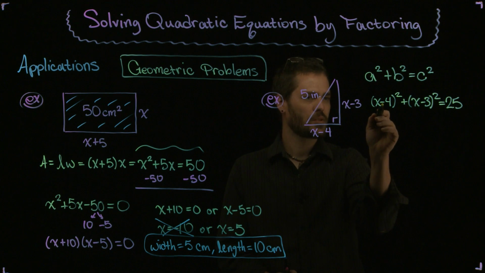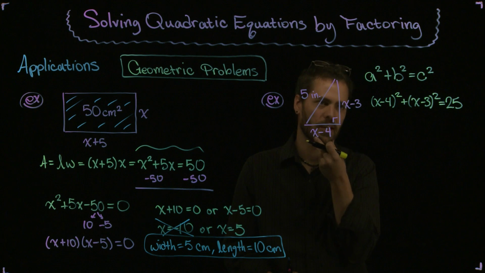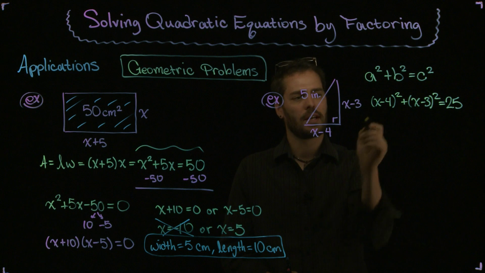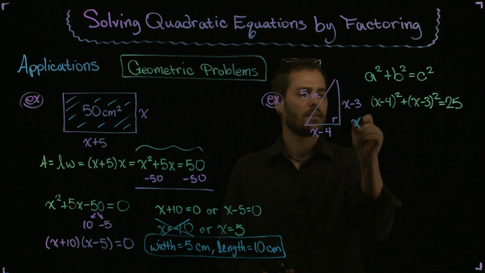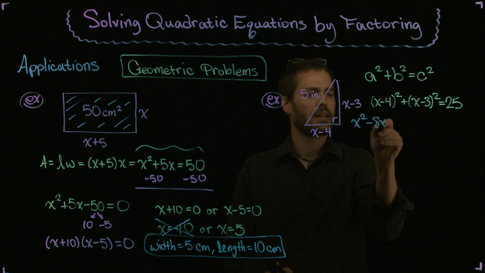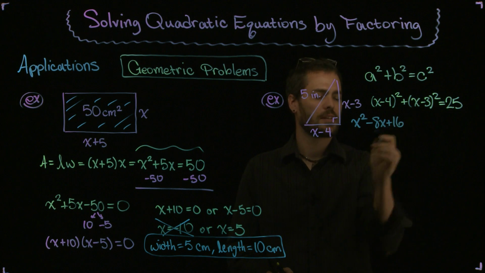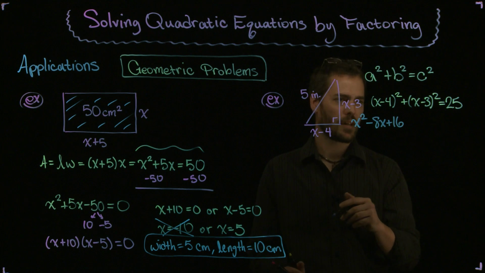So if I square x minus 4, remember from the perfect square trinomial, what you should end up with is the following. x squared minus 8x plus 16. I'm going directly to the trinomial using the perfect square trinomial idea.